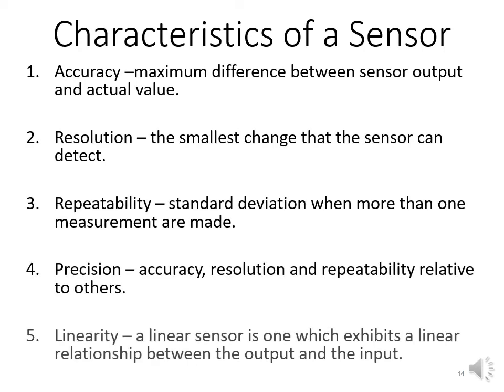When using a sensor in some application, it is important to match the characteristic of the sensor to the kind of application that is desired. Here are some characteristics that can be used in the determination of the suitability of a sensor for a particular application.